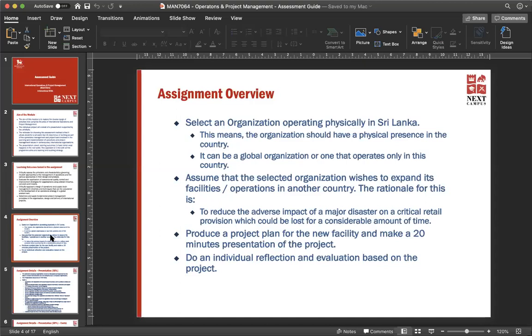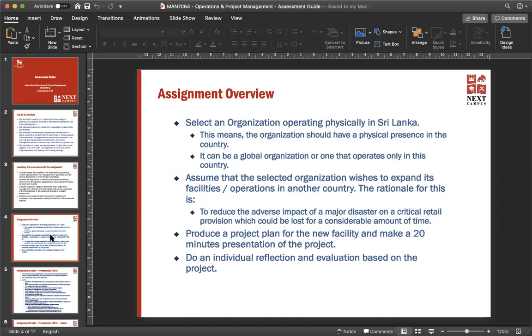But probably you can talk about health disasters as well, like famines, different kinds of flus, and different kinds of health issues that the country might face, that may have an adverse impact on your operation. So that is why your organization has decided to expand into another country.